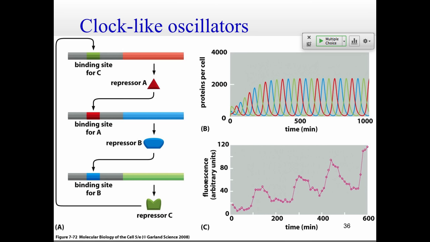Now, one of the things which is really important about that, if you have this protein that's around all the time, then you're not going to get this oscillation. You have to have some way of degrading each of those proteins so that each of them has a particular half-life. And so if you do that, you can literally set up a rhythm. And partly why we get jet lag has to do with cycles that happen in an extremely similar mechanism to this.